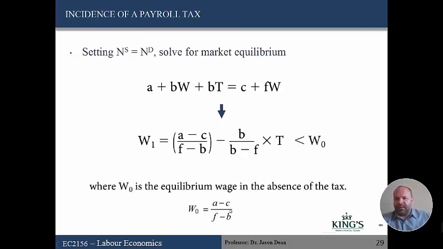The wage without a payroll tax would be (a minus c) over (f minus b). Now we're getting that same term, but we're subtracting a term that is positive overall, and so this is going to be lower.